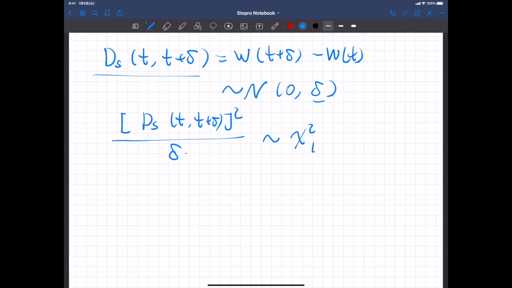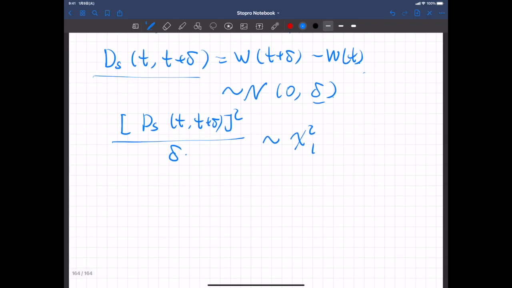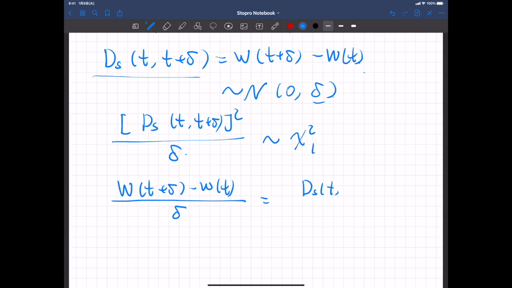It follows that, so we try to calculate the derivative of this w. Okay, so what we are going to do is calculate this quantity divided by delta. Okay, and this is of course dS of t plus delta.